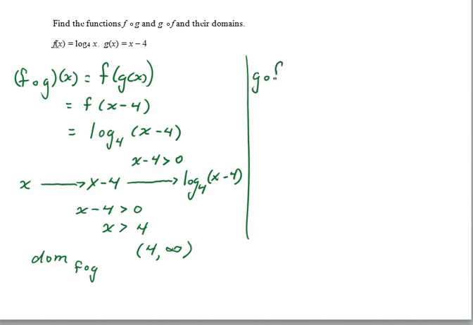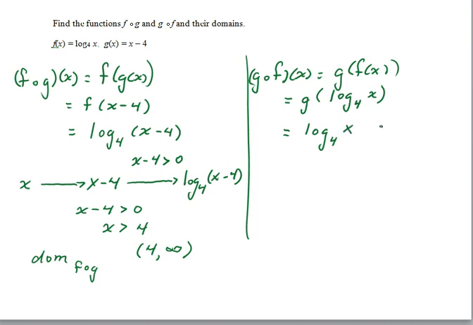For the composition of g with f of x, the result is what g takes f of x to. And so this will be g of log base 4 of x. g subtracts 4 from anything it sees, so it's the log base 4 of x quantity subtract 4.